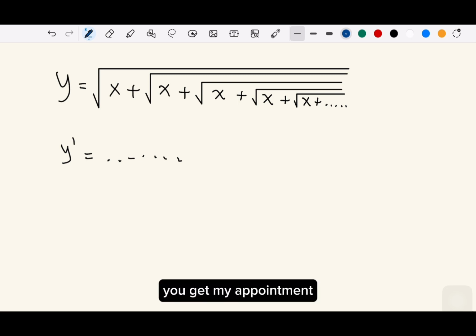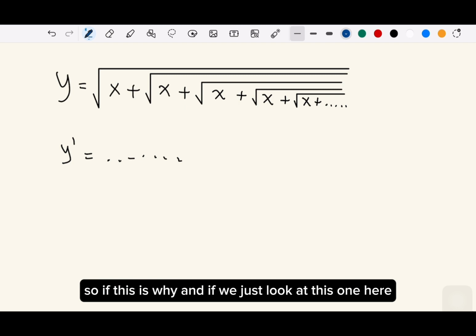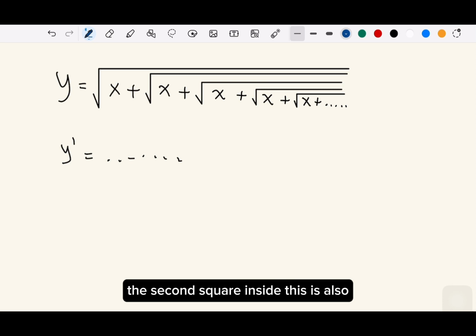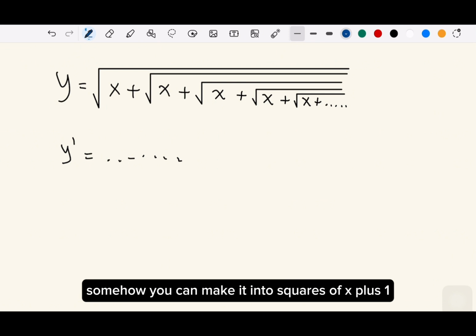Did you get my point? Yes. Yeah. You get it, right? Okay. Did you get it? No? So if this is y, and if we just look at this second square root inside, this is also x plus y, right? So somehow you could make it into square root of x plus y.